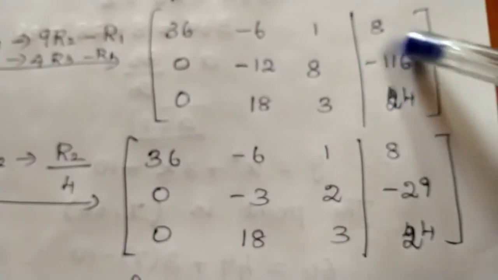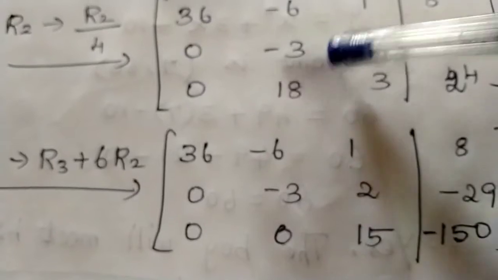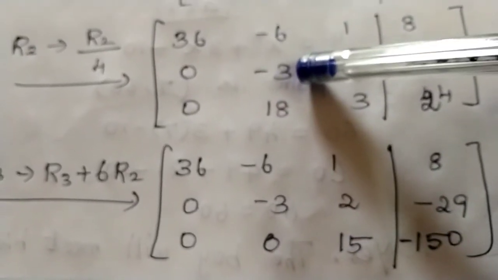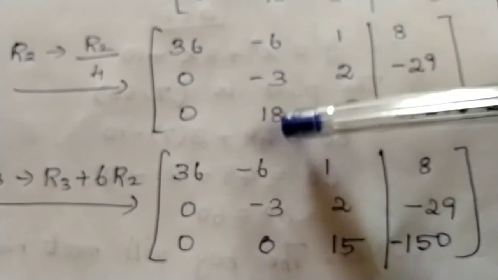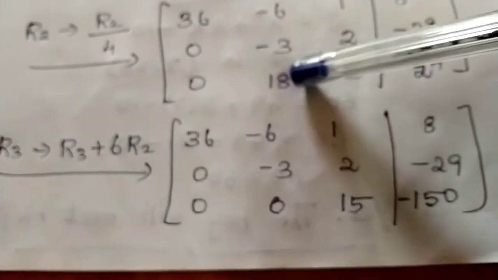Now we want to make this place equal to 0. Here 4 is common, divided by 4 for our easy simplification. Multiplied by 6, 18. Okay, R3 implies R3 plus 6 R2.